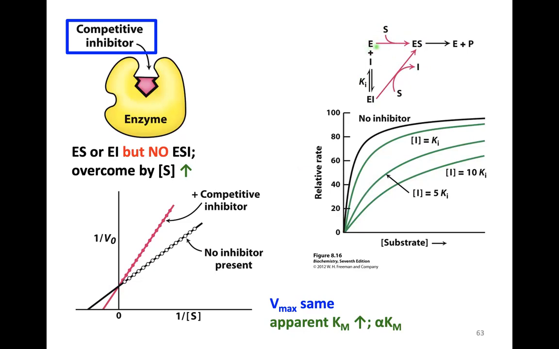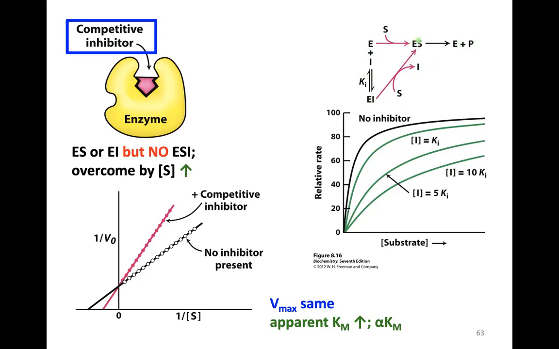So we have our enzyme and substrate coming in to form our Michaelis complex, and of course that can be transformed into the product. If we have our enzyme and the inhibitor comes in, this forms an enzyme-inhibitor complex, which we can compete out by swamping it with excess substrate to displace that inhibitor.